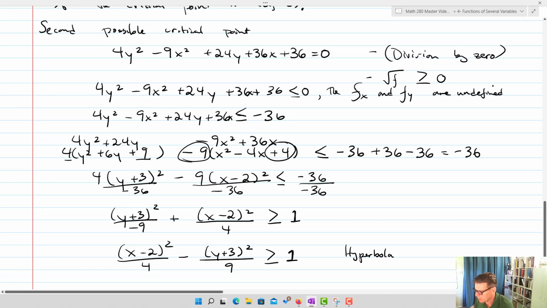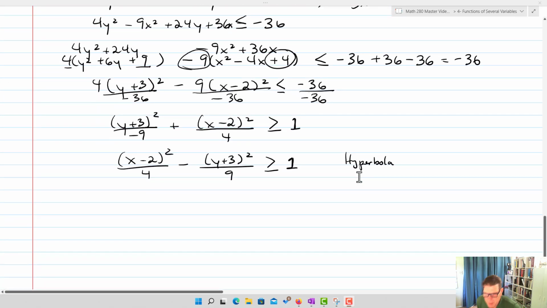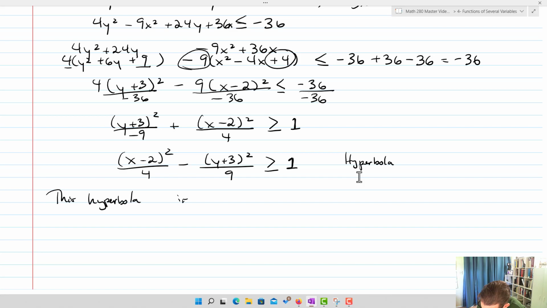And so basically what we're looking at in the xy plane is a hyperbola that matches this. So what we have here is this hyperbola: x minus 2 squared over 4 minus y plus 3 squared over 9, and that'll be greater than or equal to 1. And what you want to get is that this hyperbola is the boundary of the domain.